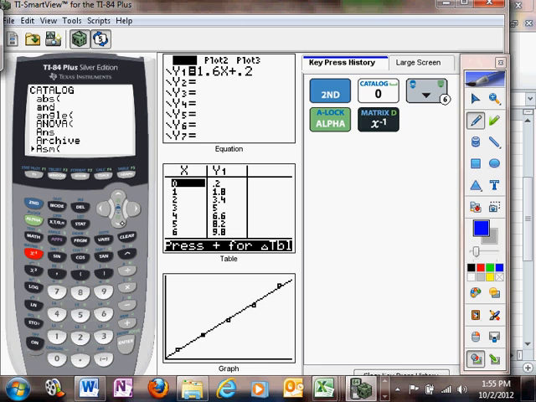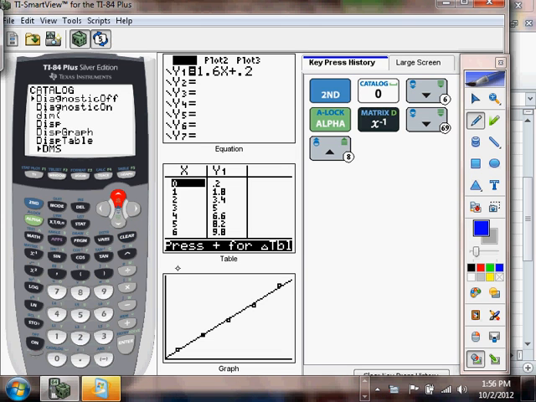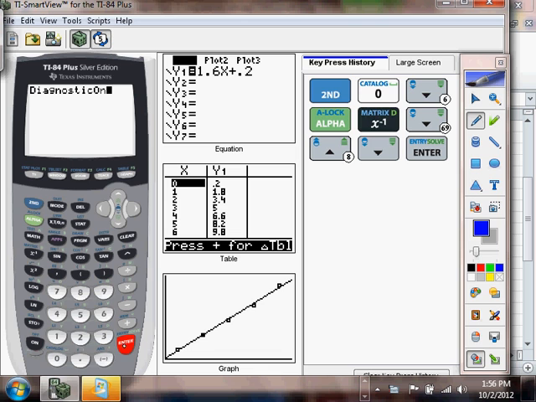It's not letting me skip down, so let me just keep going. Okay, so you want to keep going until you find diagnostic right here, and you want this on, diagnostic on. So hit enter there. That should turn on our diagnostics. So this will give us our correlation coefficient R.